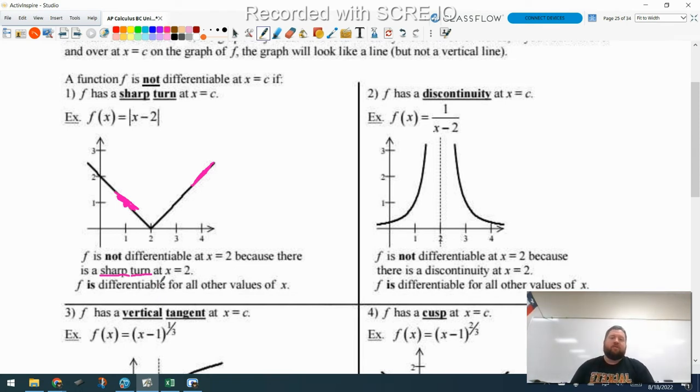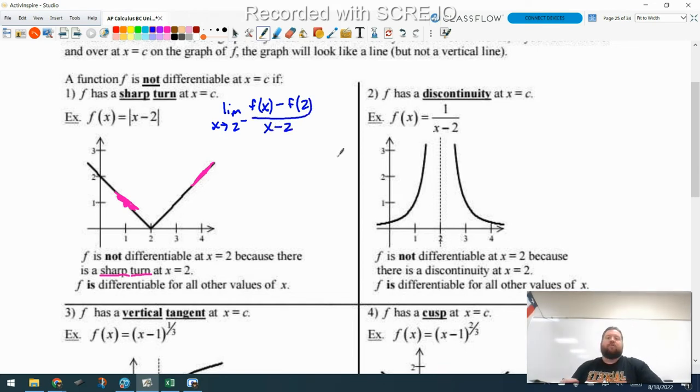But there are times where it's beneficial to use a more formal definition. We're going to use the alternative form of the definition of derivative that we used yesterday. What you can say here is x equals 2 is our point of interest. The limit as x approaches 2 from the left of f of x minus f of 2 over x minus 2.